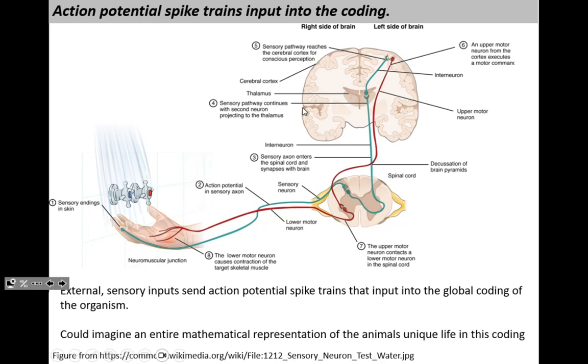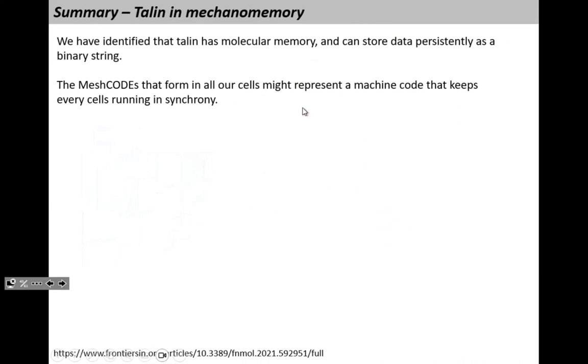And if you could imagine that, then it's not just a guy going for a shower, every single thing you do, every single thing you experience could be written by sending these electrical pulses down the right wires to update these switches. And you could then start to predict that a mechanical representation of each animal's unique life could be written into this coding, which specialises it for its own unique environment.